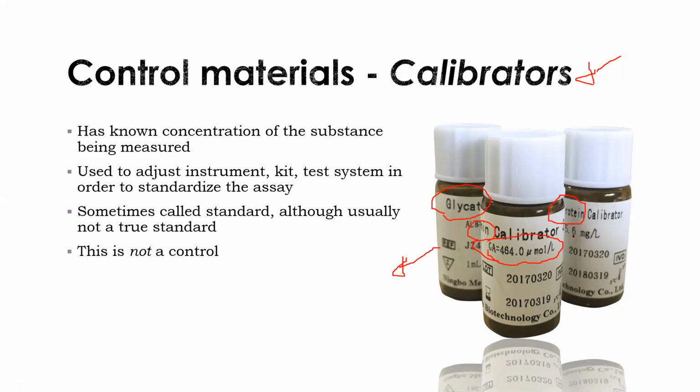This one for protein, it's something 5.6 milligrams per liter. So, sabi natin, it has a known concentration. Alam na dati pa kung ano ang value ng mga calibrator. This is not a control. Tandaan natin, this is not a control.